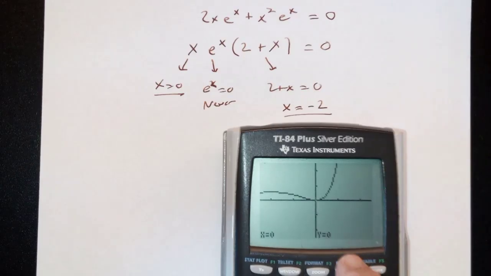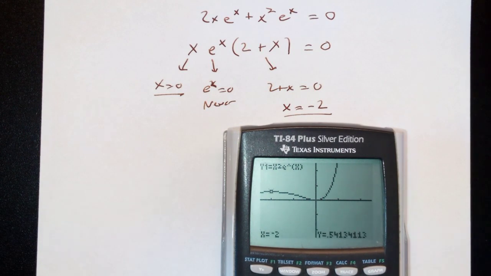As a matter of fact, if I hit trace, see my little blinker, and type in -2, we're at the top of that ridge. Just hit the trace button and then type the number -2 and hit enter.